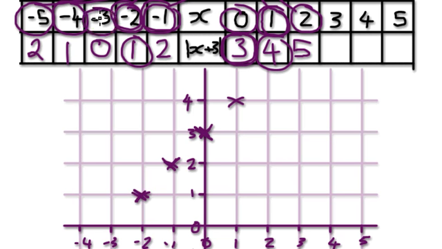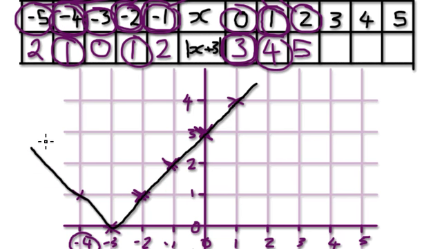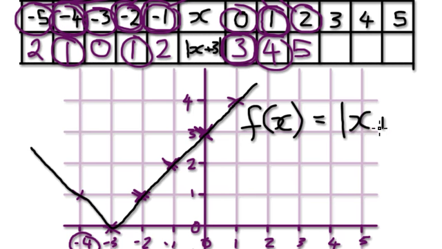When x is -3, it would be 0, so it would be here. And when x is -4, it will be 1. So here you can see our graph will look like this, and so on. So this here is f of x equals the absolute value of x plus 3. Okay, so this is the answer here.